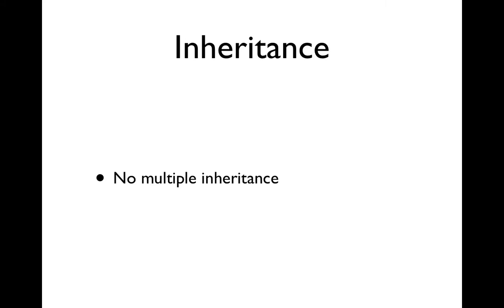Now, I said most of the classes you would work with inherit from NSObject, and that's true, but not many of them inherit from NSObject directly. Since there's no multiple inheritance, those inheritance lines are quite long because you can only inherit from a single class, but you still have to collect a lot of the data.